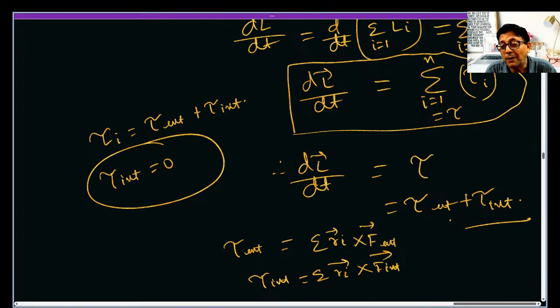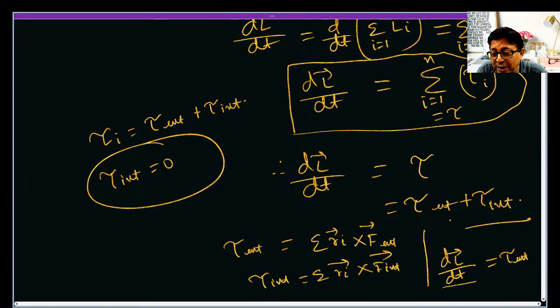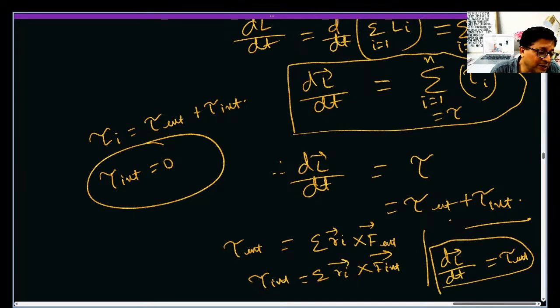Isn't it? If we assume the internal torques get cancelled in pairs, which normally happens for a rigid body, then we have dL by dt equal to tau external only.